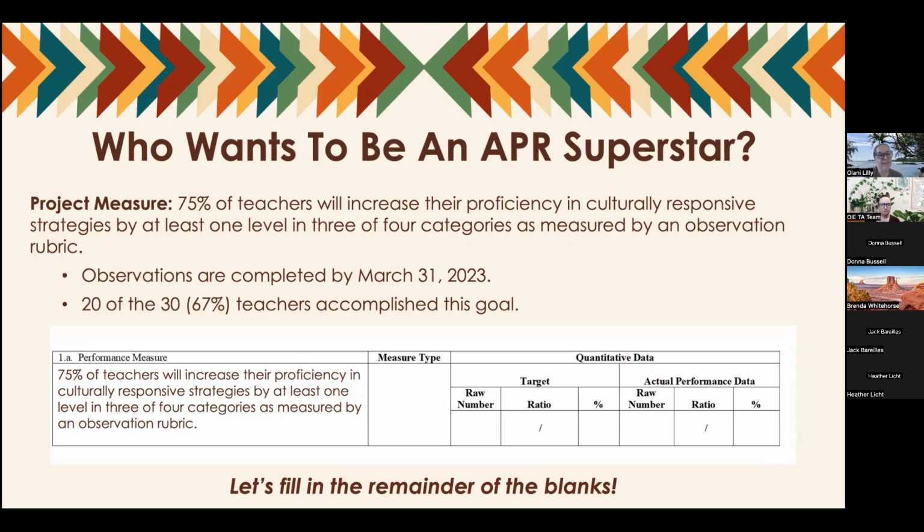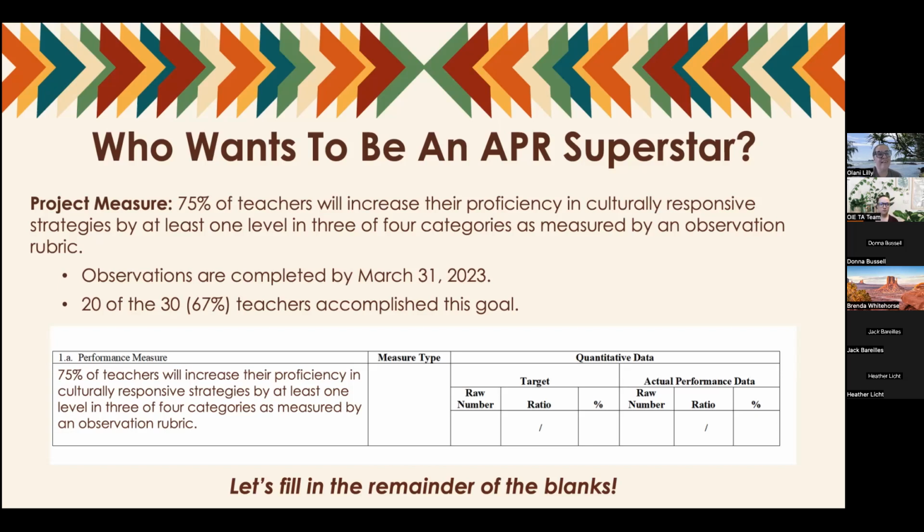So let's look at this other example. Our scenario here is that 75% of teachers will increase their proficiency in culturally responsive strategies by at least one level in 3 of 4 categories as measured by an observation rubric.